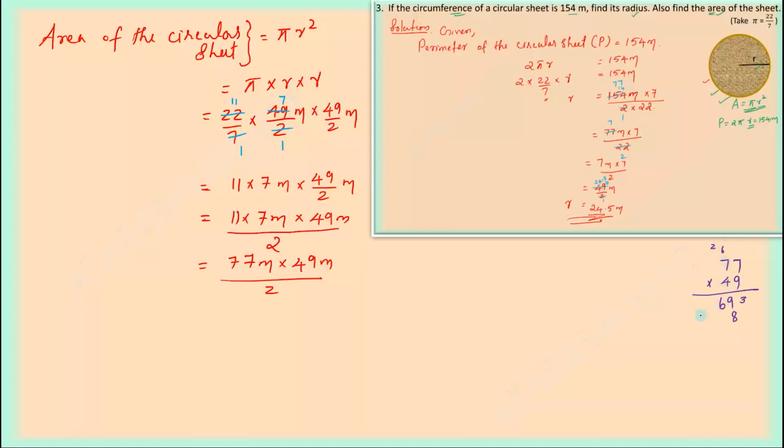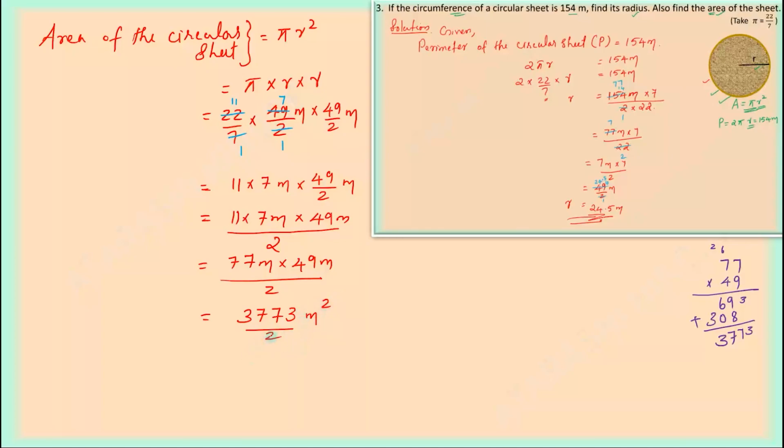Again 28 plus 2, 30. Adding, 3, 9 plus 8, 17. 6 plus 1, 7. Then 3. So we get 3773 divided by 2 meter square.